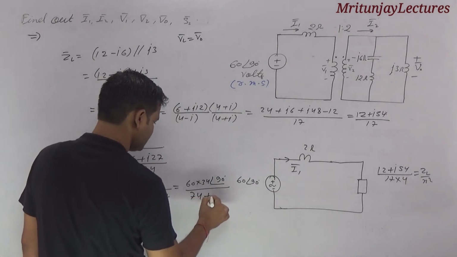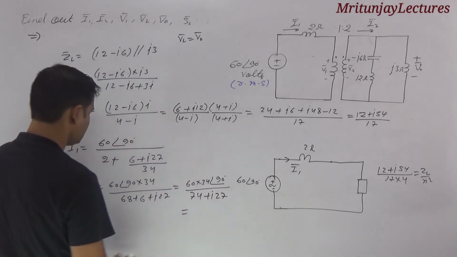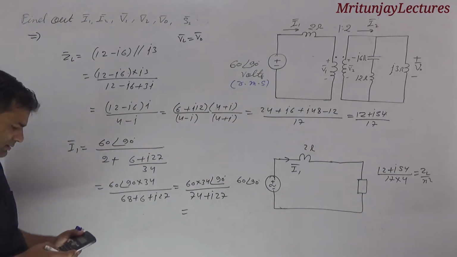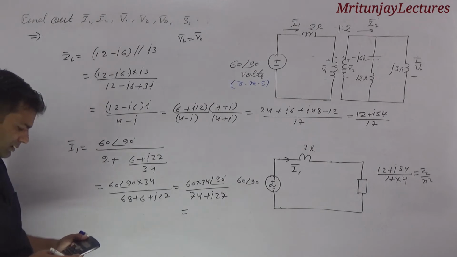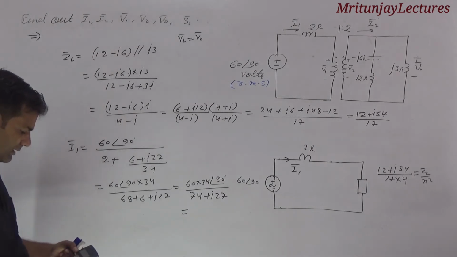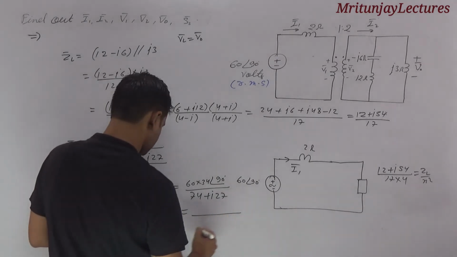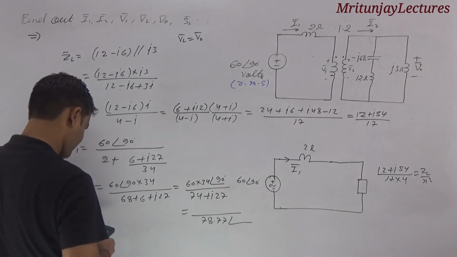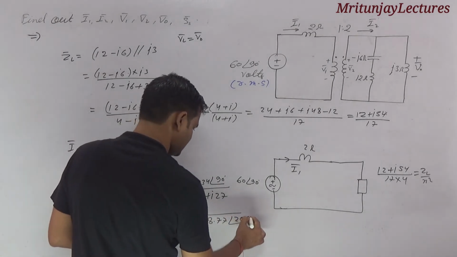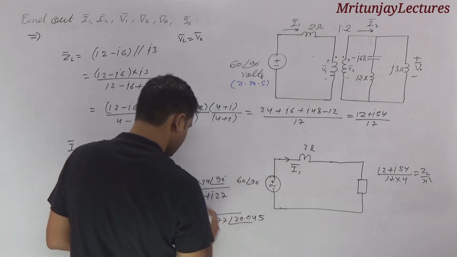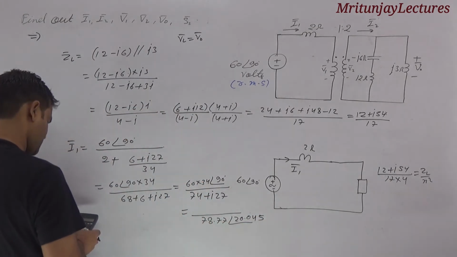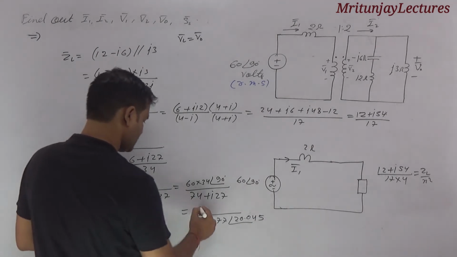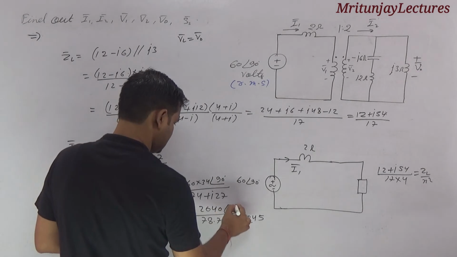74 plus j27. So finally what about I1? 74 plus j27, if this is converted to polar form, we get 78.77 at the angle 20.045. And 60 into 34 gives 2040 at the angle 90.